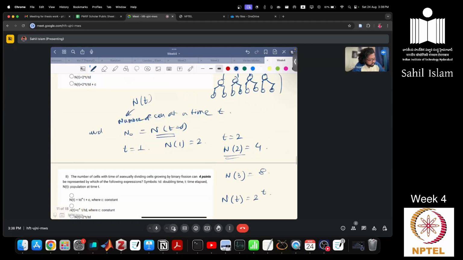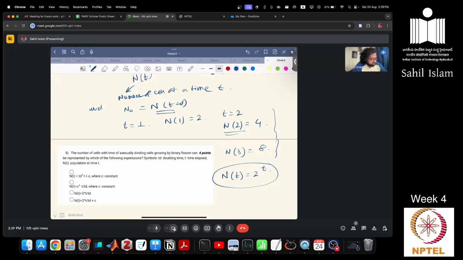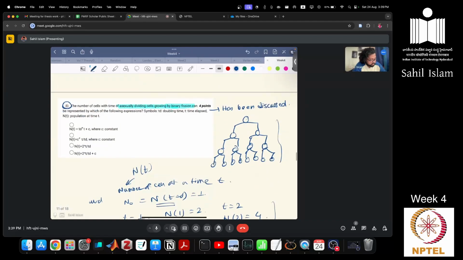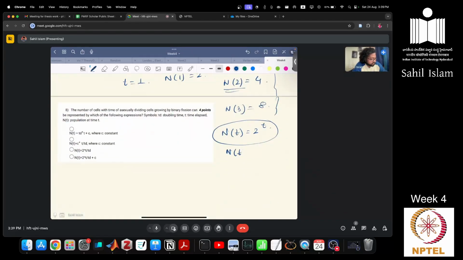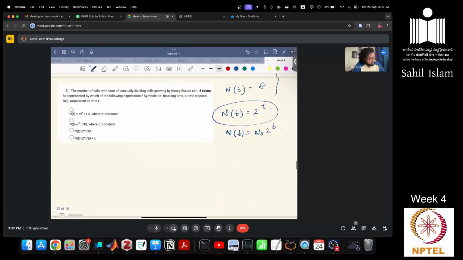You can follow the pattern, right? So nt becomes 2 to the power t if n0 equals 1 at t equal to 0. If you have a finite n0, you will find nt is n0 times 2 to the power t. Now there is this concept of doubling time. Doubling time means the time at which nt becomes twice n0. So t equals td.